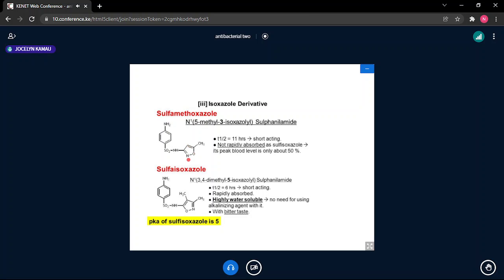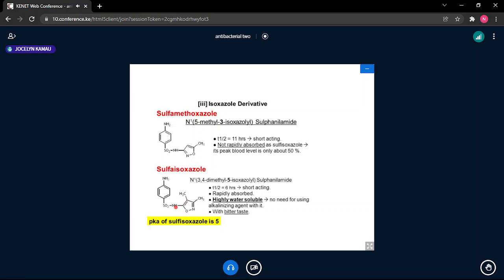But the main difference is that there is a reversal of the order of the nitrogen and oxygen. In sulfamethoxazole, you start with the nitrogen. It is the nitrogen that is directly attached to the carbon, which is attached to the NH. In sulfisoxazole, which I expect to have quite a low pKa, you can see it's the oxygen, and the oxygen has a stronger pull. So the only difference here is the order of arrangement of these groups.